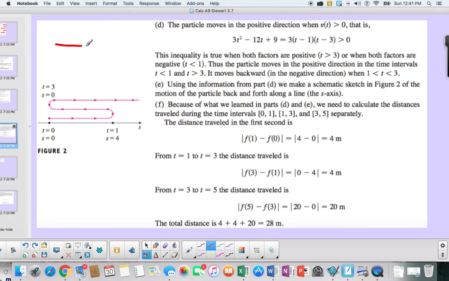Looking at a sign chart of velocity is very useful, especially when you put in the times at which the particle's at rest, and then you examine within those time intervals whether it's positive or negative. Once you do that, then you find the positions at all of these times, beginning, end, and all the times of rest, and then add up the totals.